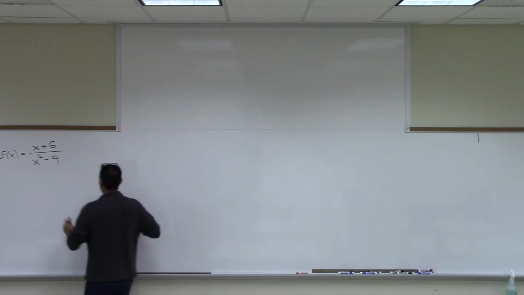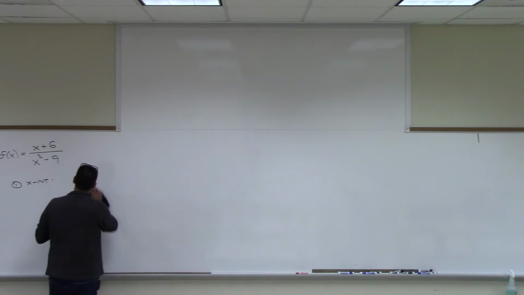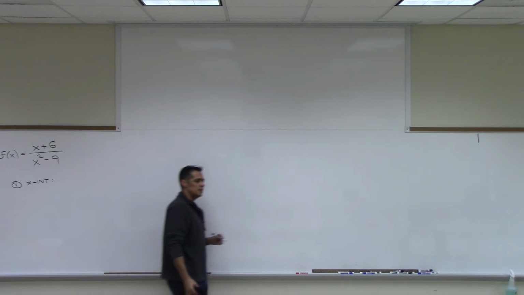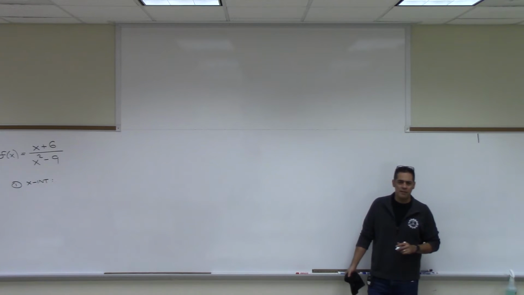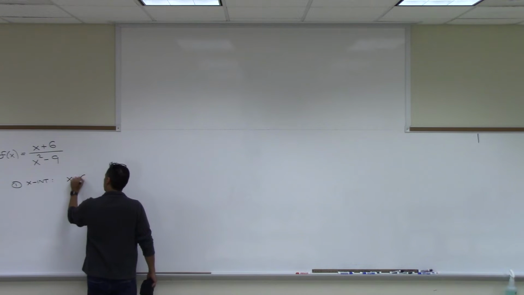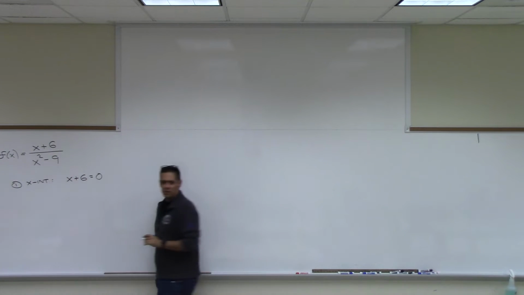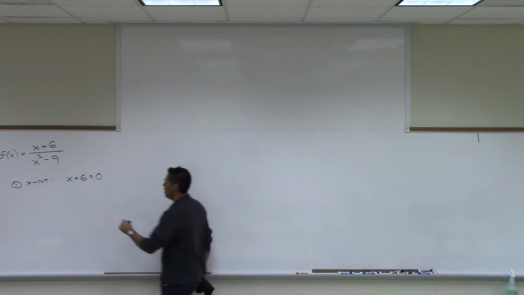X-intercepts. So how do we find the x-intercepts? Set which part of the function? The numerator only. You only have to worry about the numerator. So set the top equal to 0. That's a pretty straightforward equation, right? Just subtract 6 on both sides. X is negative 6.